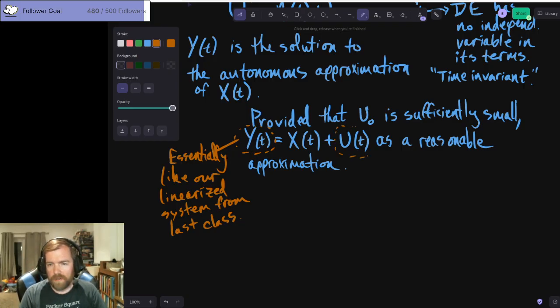So u of t is going to be called the variational equation.